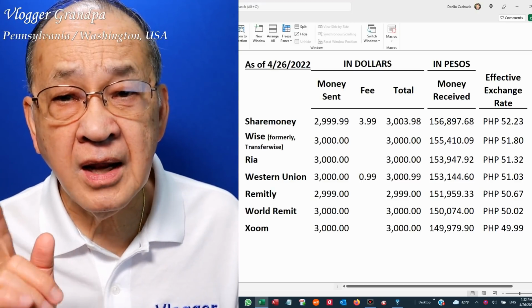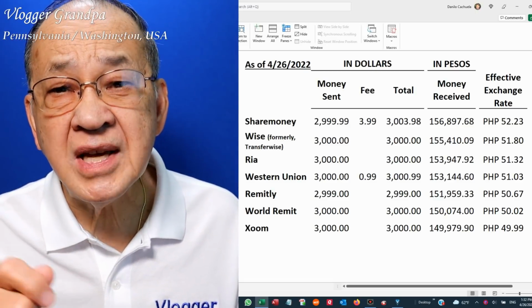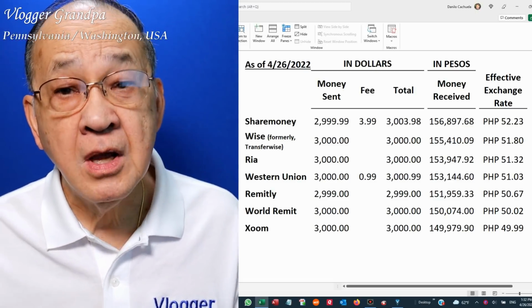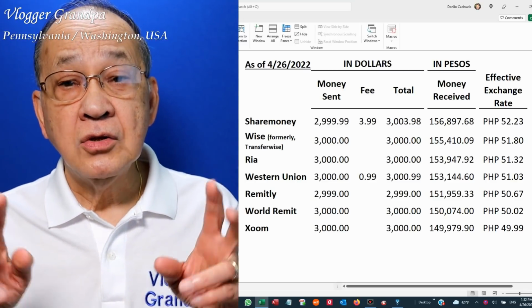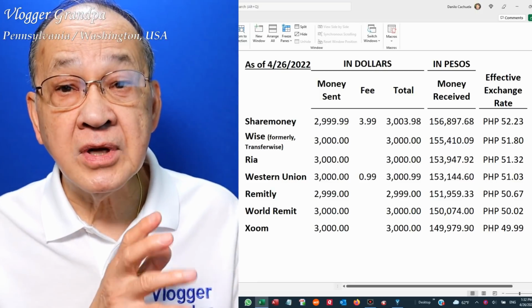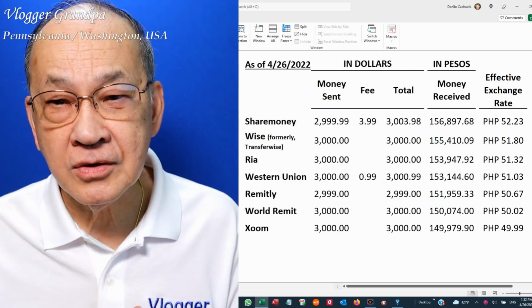Xoom. Although I like Xoom, because to my knowledge, none of this I'm able to send to the Philippines in dollars. Everything gets converted to pesos, which means they have an opportunity to play with the exchange rate game and advertise a higher rate, depending on how you compute how much you're going to receive.